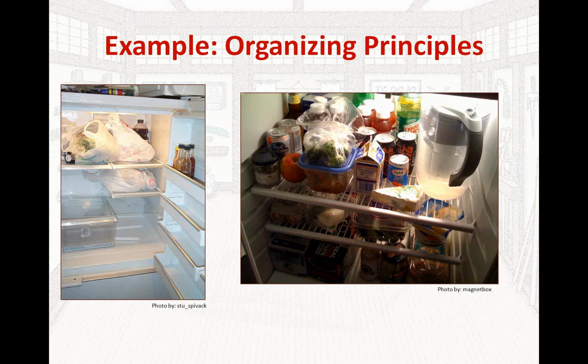You could organize your fridge by color and put all the red items on one shelf. You'd have strawberries and spaghetti sauce and ketchup all on one shelf. You would have eggs and cheese and milk and mayonnaise all on a different shelf, because they're all white items, right? You can organize your fridge any way that you want as long as it makes sense to you and serves your purposes.